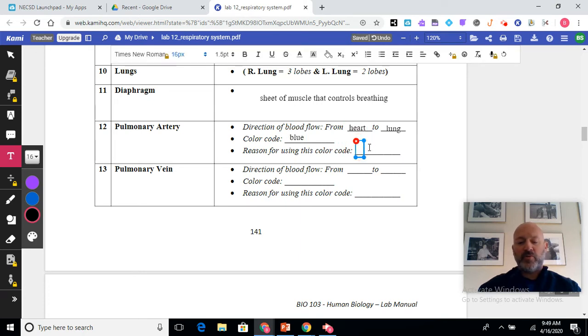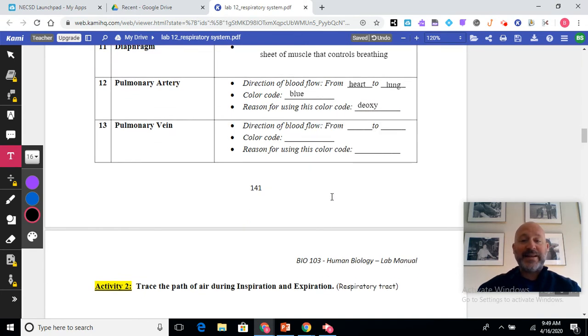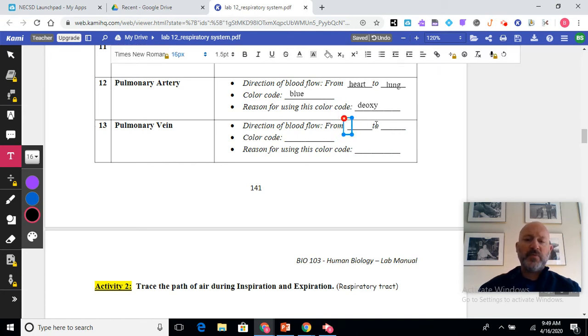And why is it blue? It's because blue always means deoxygenated blood is inside there, right? All right. And if we're looking at pulmonary veins, it's the opposite, right? Veins always go from the tissues of the body towards the heart.